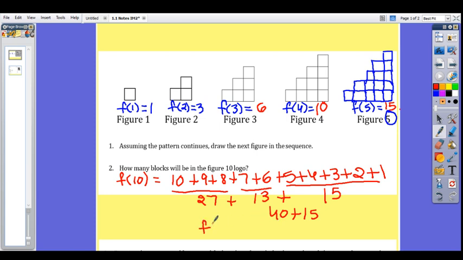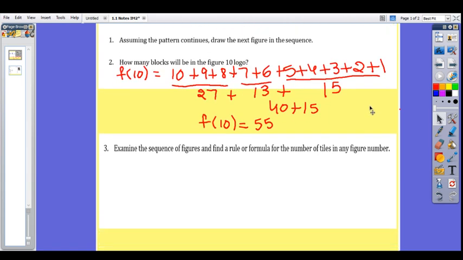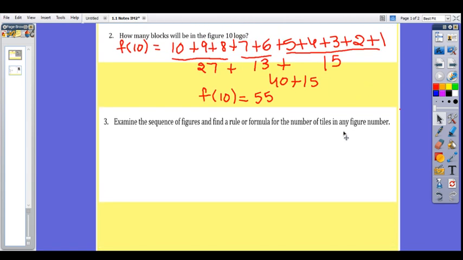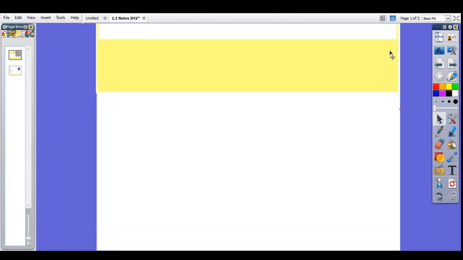So f of 10 will be 55. But this is a clumsy way of doing it. Let's find out how we can figure out a formula or rule for the sequence, and let's try it that way.